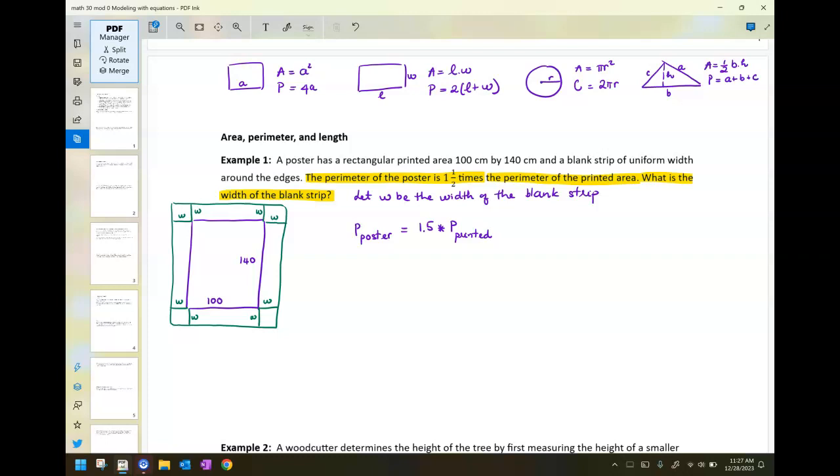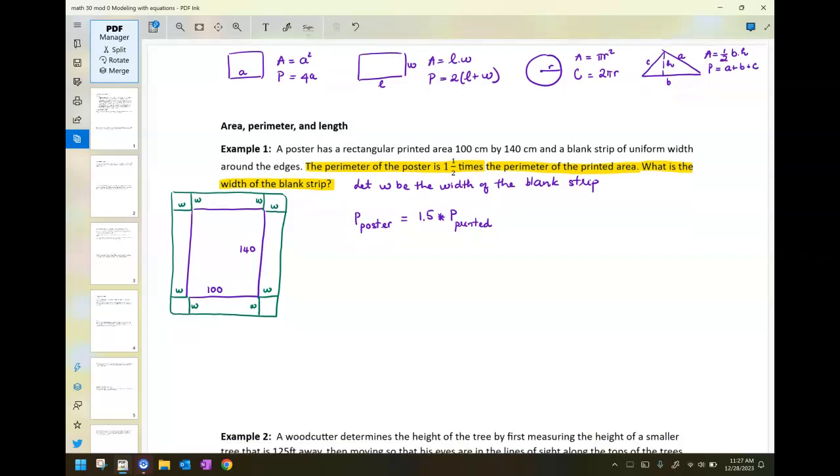So let's say, what is the perimeter of the poster? The width of the poster is 100 plus 2W. The length of the poster is 140 plus 2W. Okay.